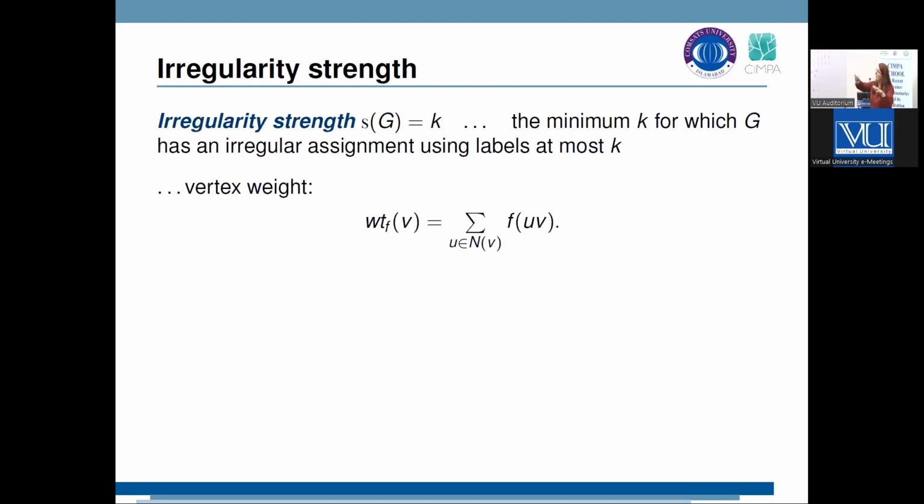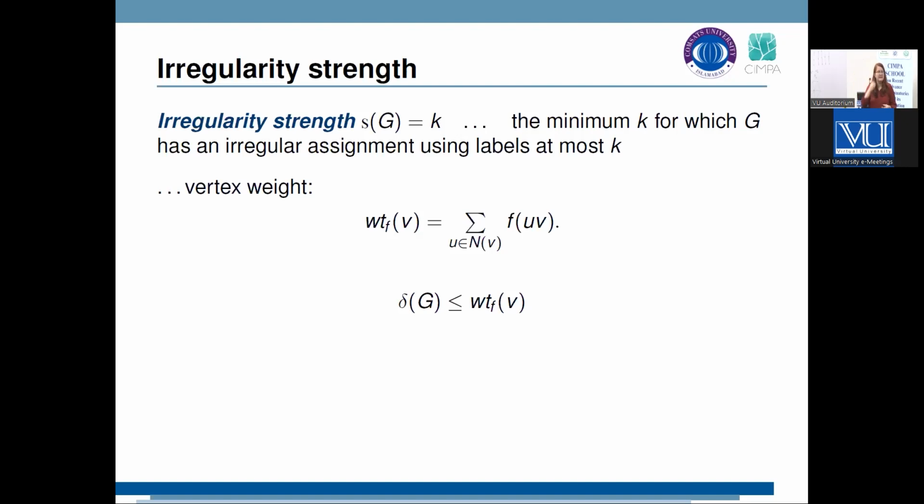So now we will try to find some bounds for this parameter. We know that the vertex weight is defined as the sum of the labels of all edges incident to the given vertex. Trivially, we know that the lower bound for the vertex weight is the minimum degree of the graph, because we check the vertex degree and assign all incident edges the number 1, and we get the minimum for the vertex.